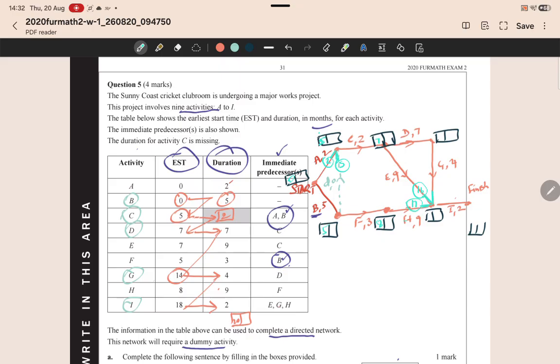Now let's go along D, because there are 3 edges that meet over here before we make a choice. Earliest start time for D is 7, and 7 plus duration time of 7 is 14.